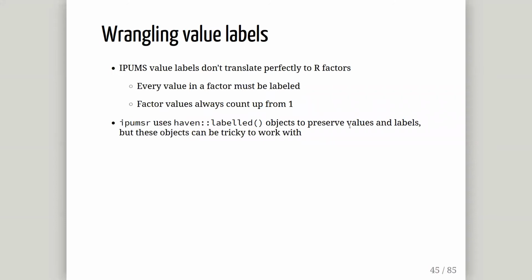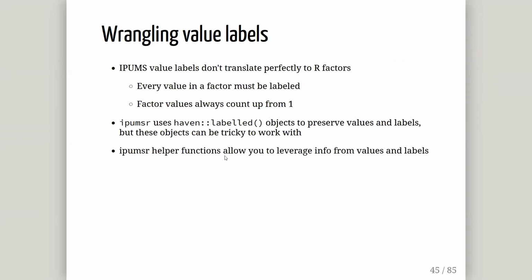So to preserve the values and labels, the ipumsr package reads these labeled variables in as haven labeled objects. And that preserves that information, but because these aren't base R objects, they can be a little tricky to work with because other packages might not support them. They might strip away those values and labels when you use an operation on them. And base R functions don't always support them.